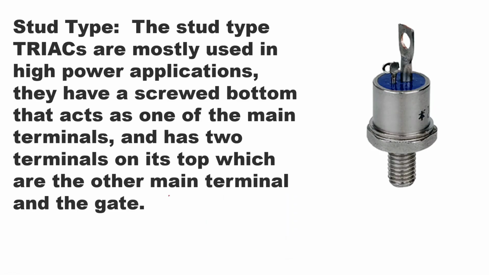Stud type: the stud type triacs are mostly used in high power applications. They have a screwed bottom that acts as one of the main terminals and has two terminals on its top, which are the other main terminal and gate. Similarly, here you can see MT2 at the bottom, and on the top you have MT1 and gate. So here in this figure you can see the stud type of triac.